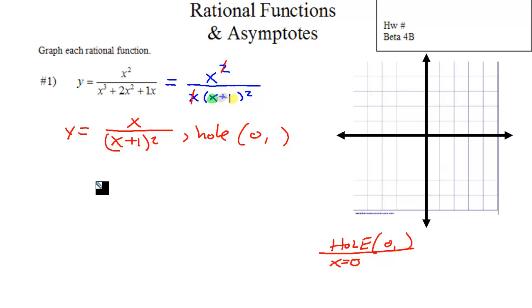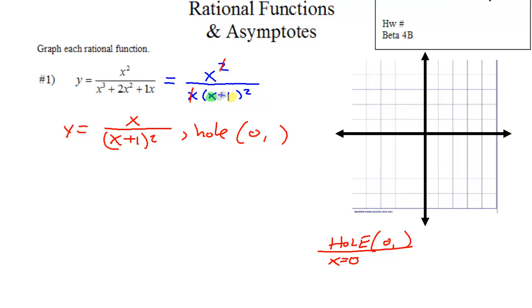This equation does not resemble a parent. If we could have got rid of the x from the top, so it was a 1 over this bottom, then it would resemble a parent, but it's not the case here. So we need to figure out where the y coordinate is for this hole and find our vertical, horizontal, or slant asymptotes. Let's figure out what the y value is for this hole.